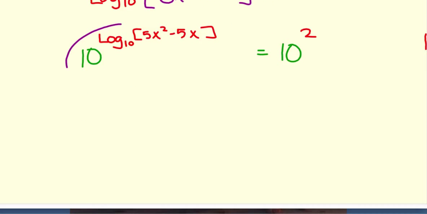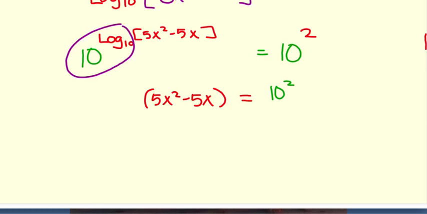These are inverses of each other, so we're left with just 5x squared minus 5x, and then on the right we have 10 squared. Well, 10 times 10 is 100. On the right, I'm just leaving it alone.